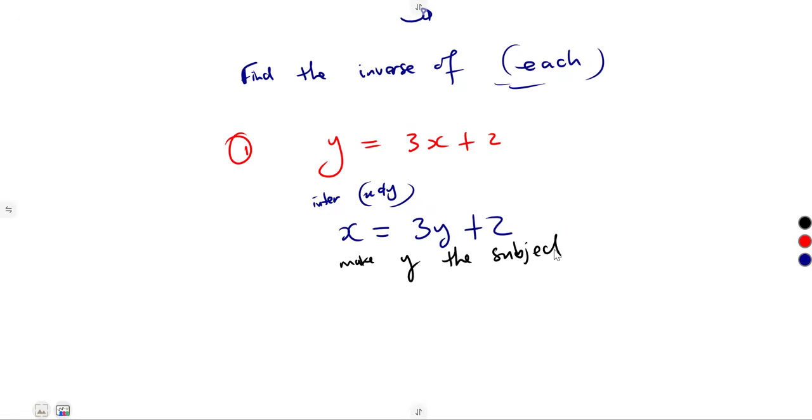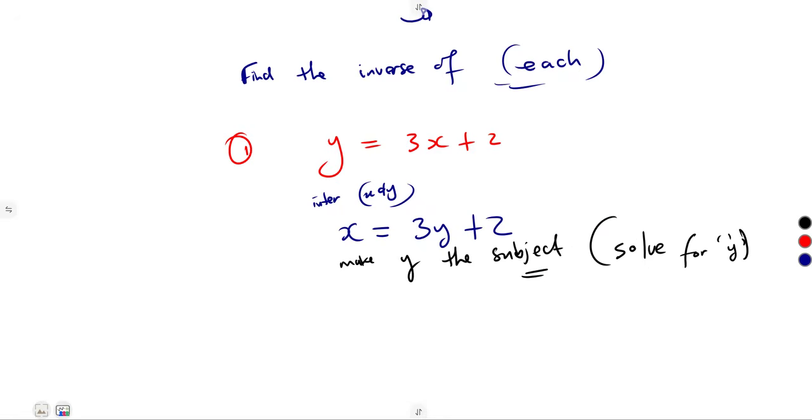By making y the subject of the formula, we have our inverse. To make y the subject of the formula, it simply means solve for what? Solve for y, as if you're solving for x in all those normal equations.